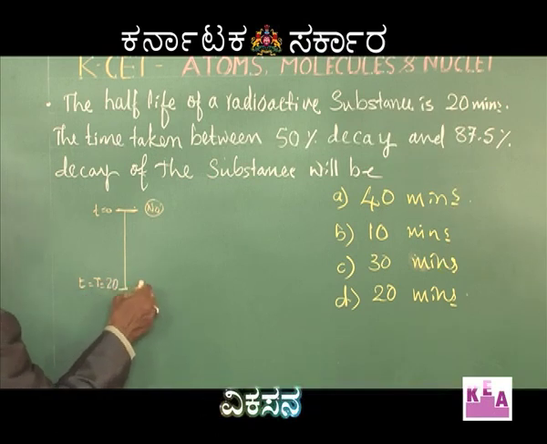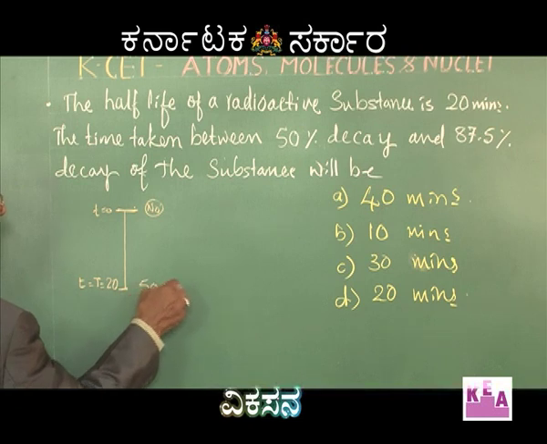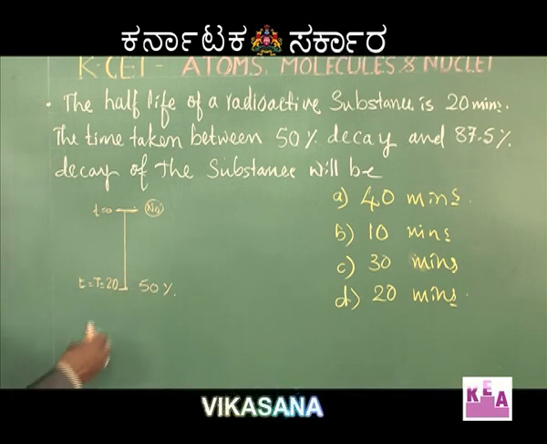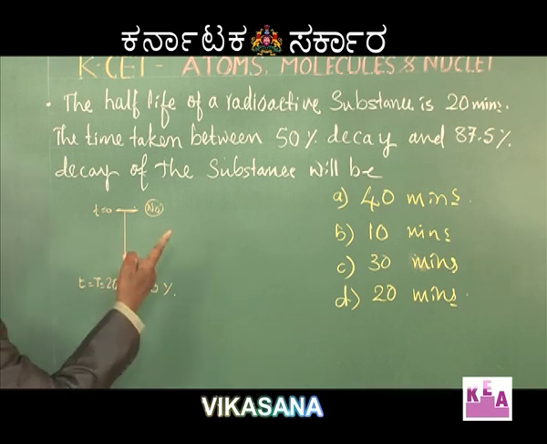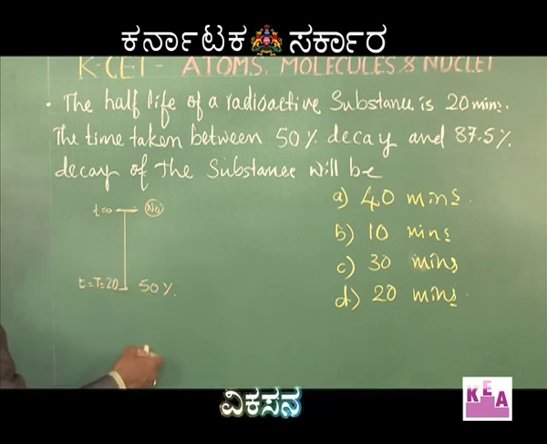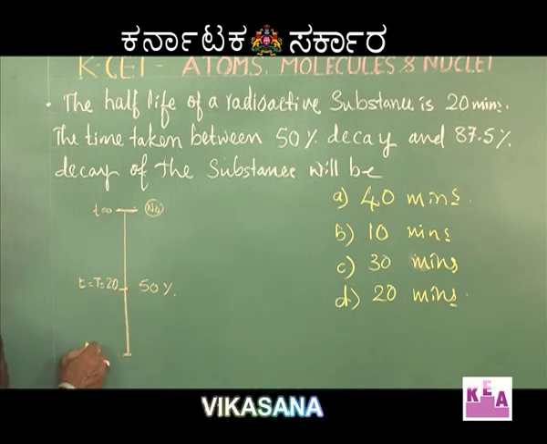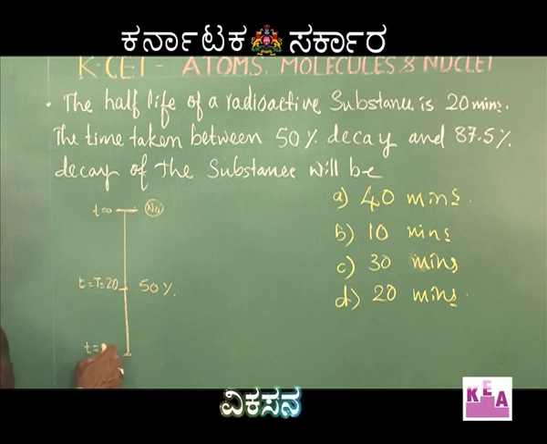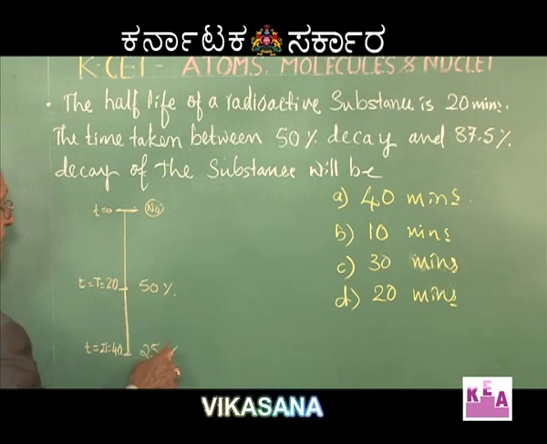So, now it has become 50% here. Now, from this point, it will reduce to 25%. So, 25% it will reach this point after another t equal to t. So, yet another t means total time t will be 2 times t. So, I must write it as 40. So, after 40 minutes it is 25%.